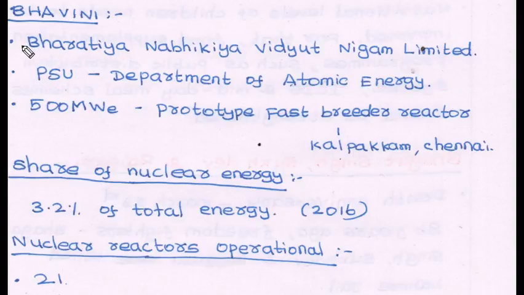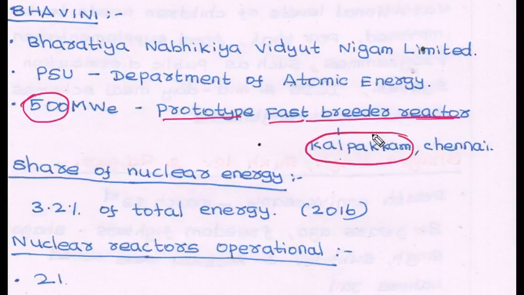One more important point about BHAVINI is that it constructs a 500 megawatt prototype fast breeder reactor in Kalpakkam. Kalpakkam is a place close to Chennai in Tamil Nadu.